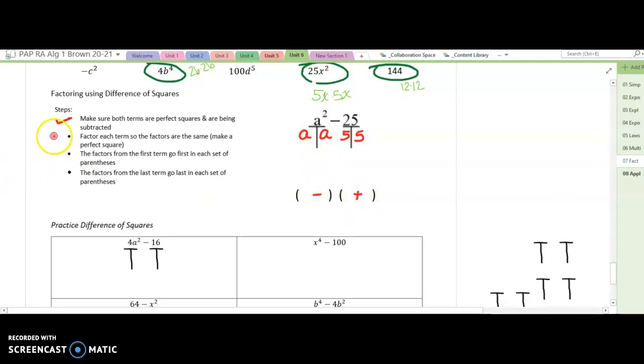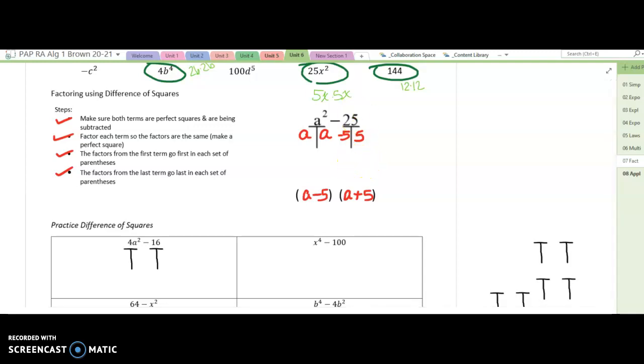The factors from the first term go in the first part of the parentheses, and the factors of the second term go in the next one, and you're done. So you could do a negative 5 times a positive 5. That's it.